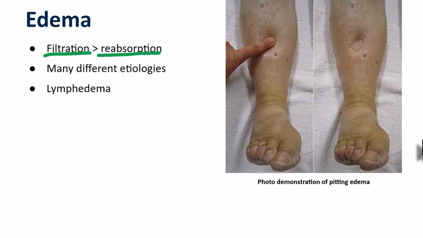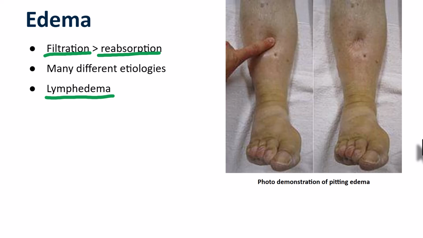Congestive heart failure is by far the most common, but nephrotic syndrome, or an overabundance of protein in the nephrons of the kidneys, is another. So you can arrive at edema many different ways. One specific to the lymphatic system is lymphedema, and that is when there is some sort of either malformation or injury that precludes the flow of lymph such that lymph can be returned back into venous return.